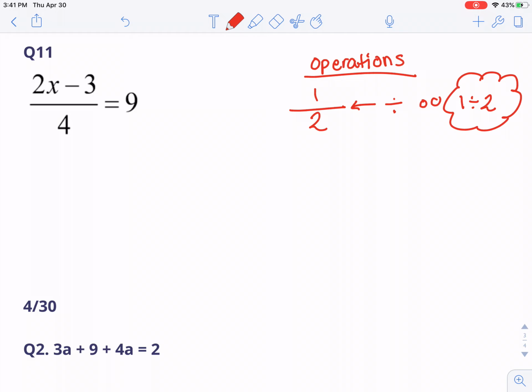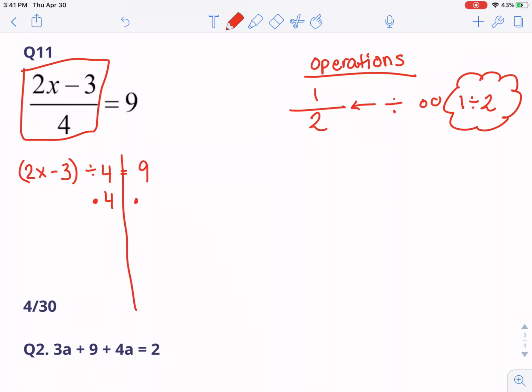So really, this whole thing is just saying 2x minus 3 divided by 4 equals 9. So it's super easy to say, okay, the inverse operation then, I'm just going to multiply by 4. I'm going to do that to both sides to keep it balanced. Same thing as always.